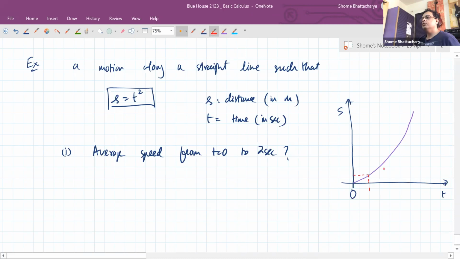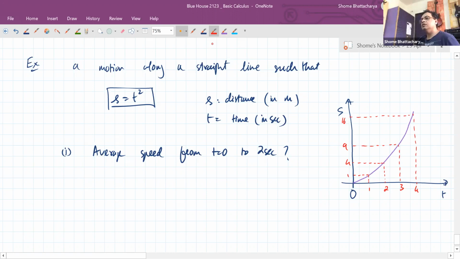In 2 seconds, a total distance of 4 meters. In 3 seconds, a total distance of 9 meters. So in equal intervals of time of 1 second, it is covering more and more distance. So it has to have a slope which is rising like this.